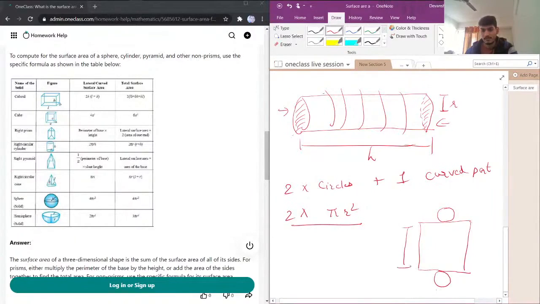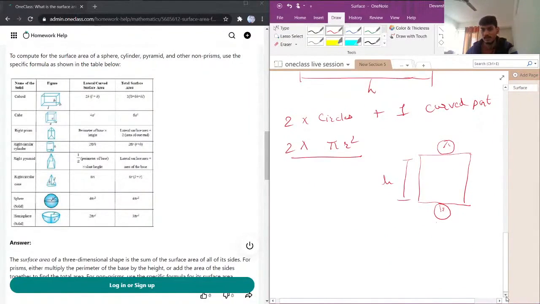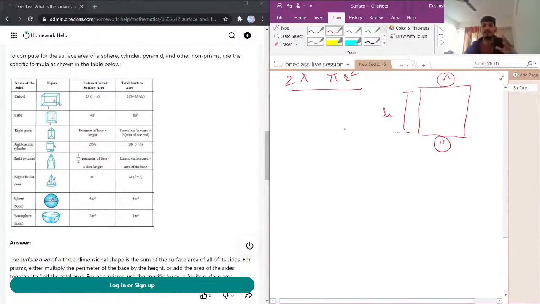This part will be h, this will be radius, this will be radius. So when I open a cylinder, the curved surface will look like a rectangle. The height of the rectangle is the height of the cylinder, but the length will be equal to the circumference of the circle.